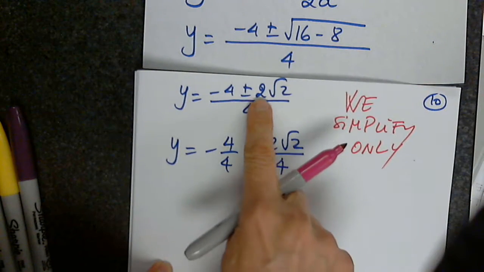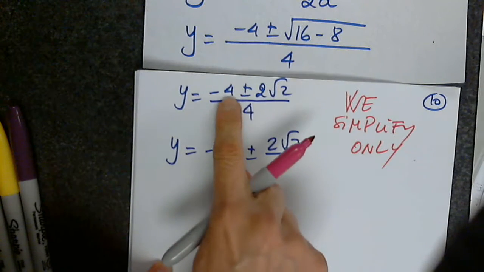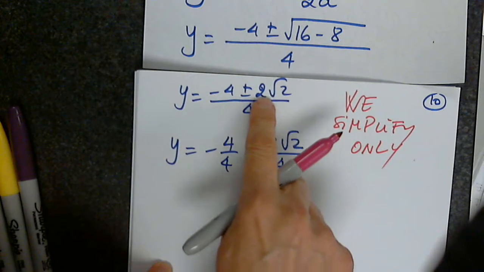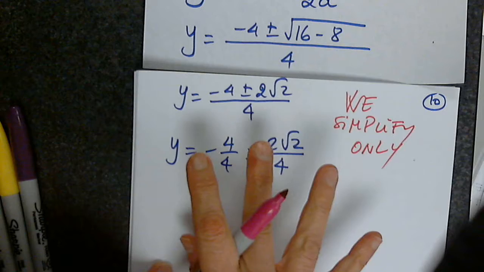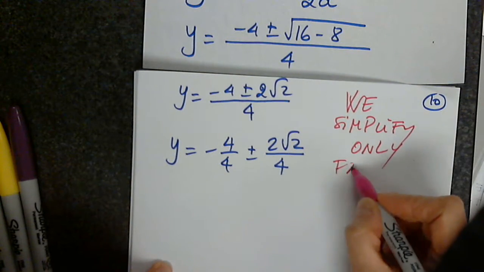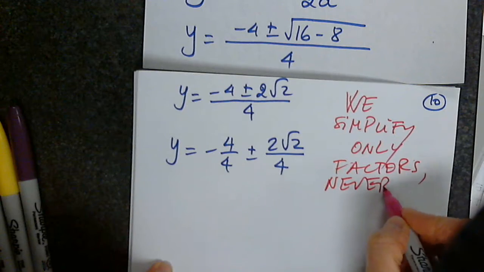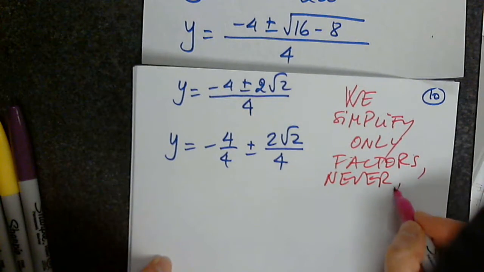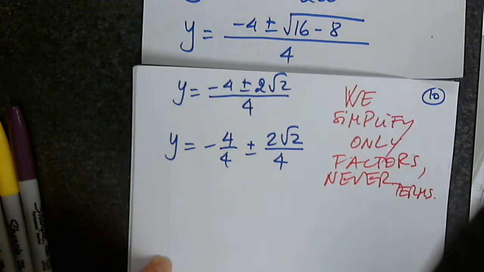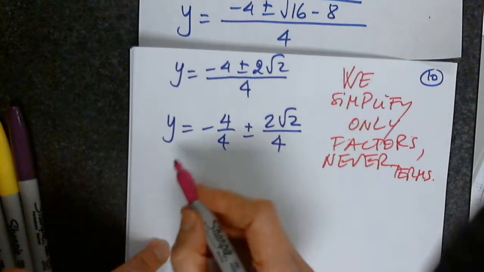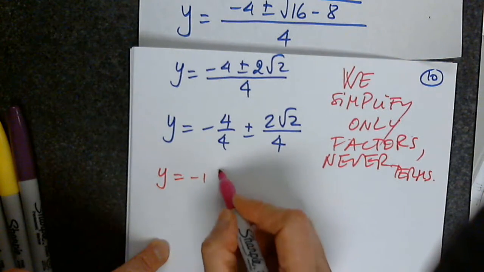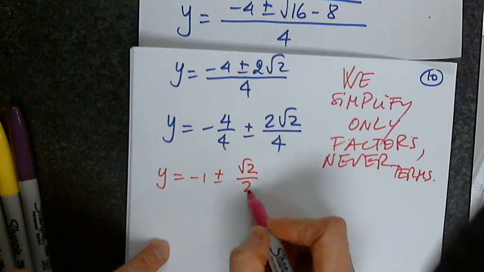Exactly. And 2 is not a factor. 4 is not a factor up here. 2 is not a factor up here. I can't do anything. We simplify only factors, never what? Awesome. Very good. Now I can simplify. So this is negative 1 plus or minus the square root of 2 over 2.